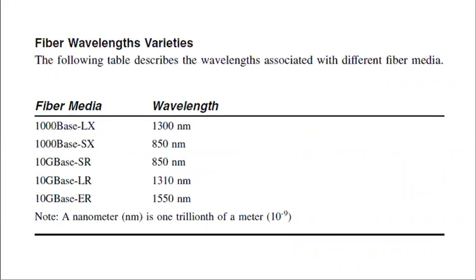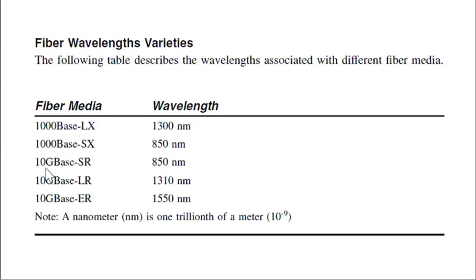Okay, so now the fiber wavelength. When fiber is used, if it is 1000 Mbps, then for long range, single mode, the wavelength should be 1300 nanometer, okay. If it is short range multi-mode, then it should be 850, okay. So these are the specifications again for the fiber optic.